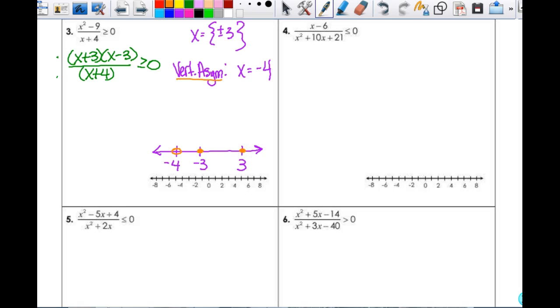So then I pick my test points just like we did before. So I'll choose like a -5. When I substitute it in here, that gives me a negative. Here, negative. Here, negative. So negative times negative divided by negative is negative overall. Then I put in -3.5. That would give me a negative, negative, and then a positive in the denominator. So what does that give me overall?